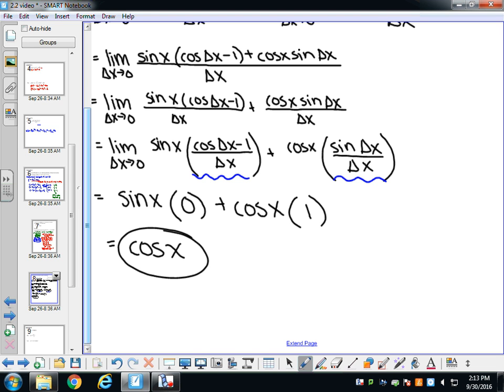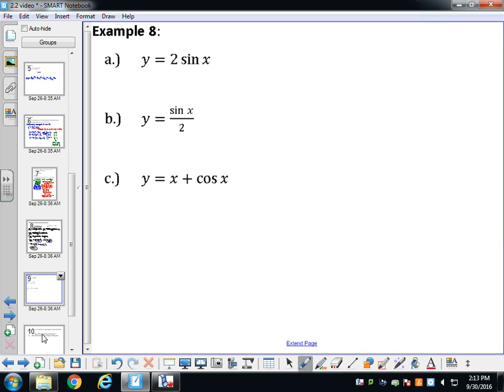So let's look at a few examples. If I wanted to find the derivatives of these functions, in the first one, it's a constant. So we're going to apply that rule that we first talked about. We can pull that out front and then just find the derivative of sine.